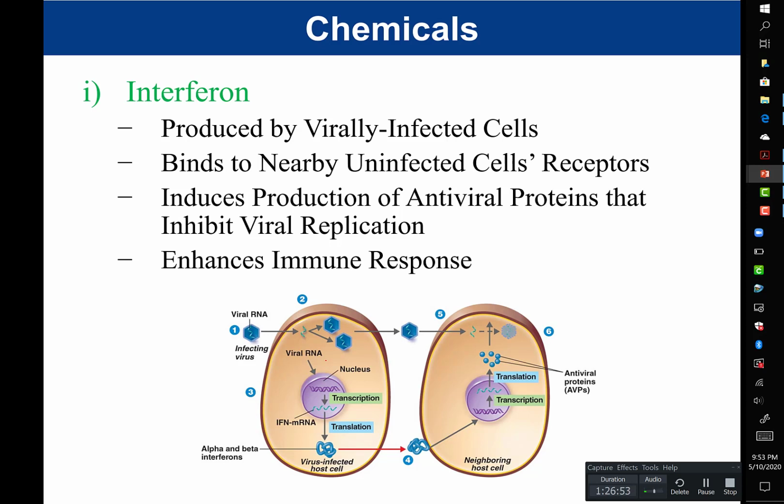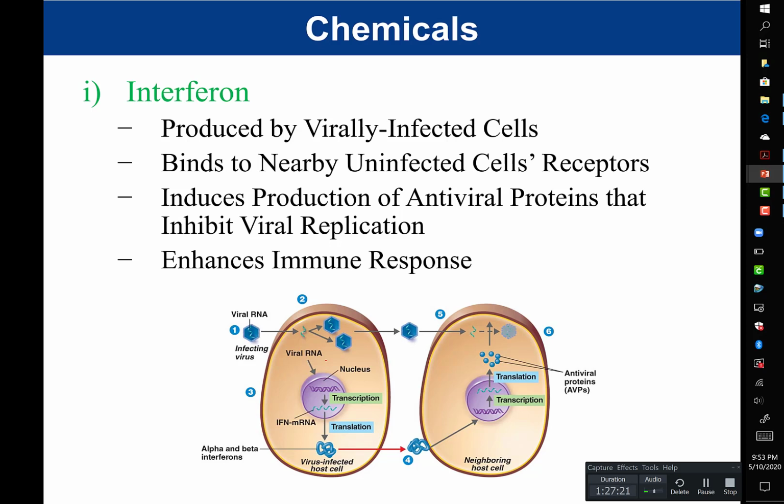Now, what happens is that sometimes the cell can recognize that it has been infected. And when it recognizes that it's been infected, it's going to produce this interferon. This infected cell secretes the interferons out of its cell, and the interferon is going to go into the neighboring host cell.